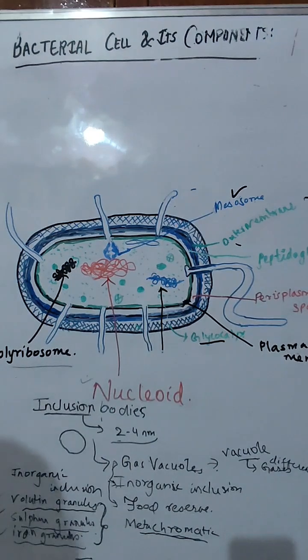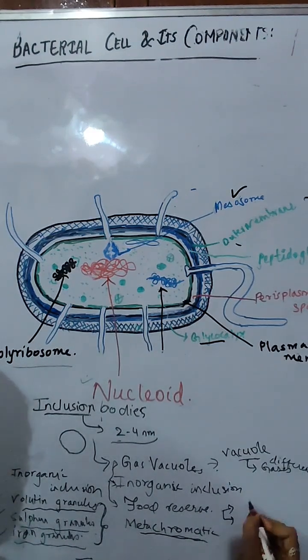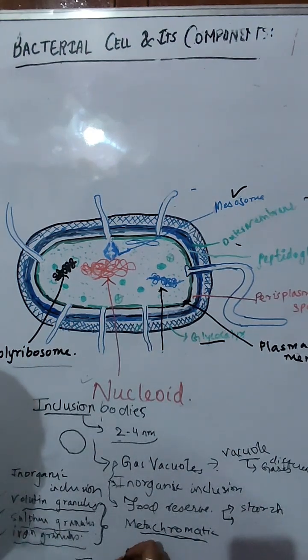Food reserves are small bodies containing starch or glycogen. Here in food reserve, there is the alpha granule. Why are we using the word alpha granule?